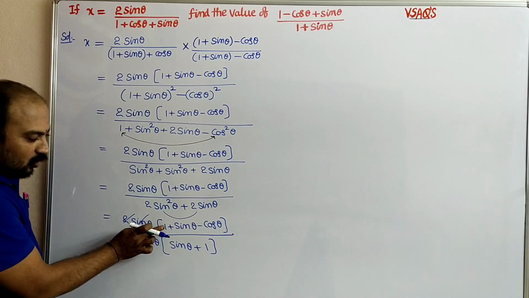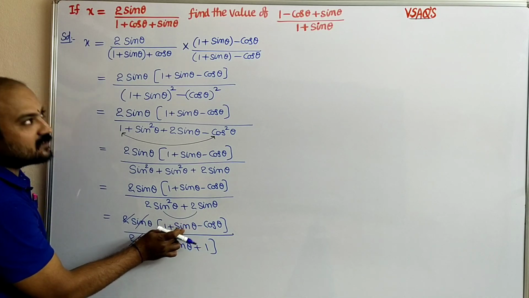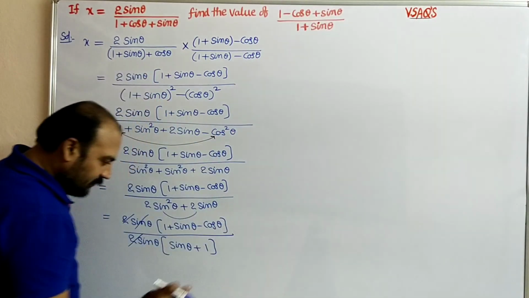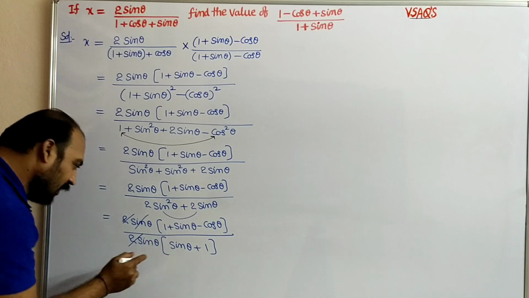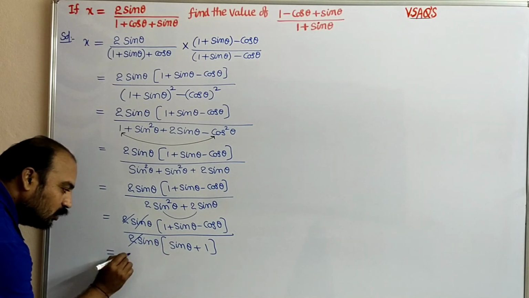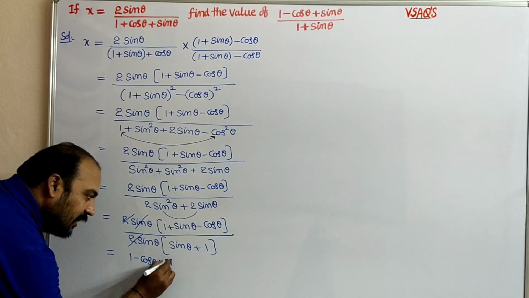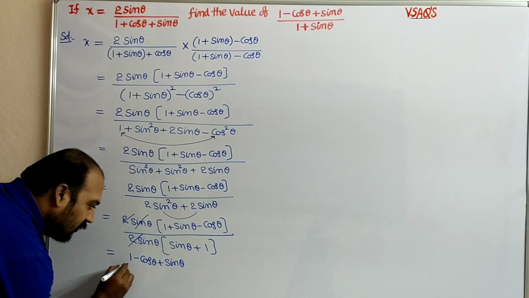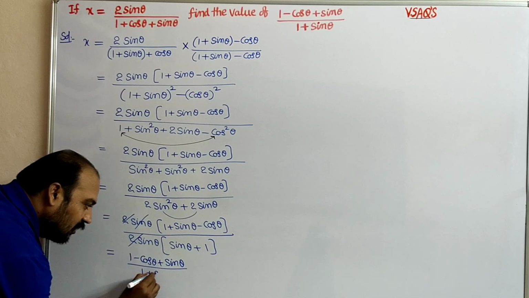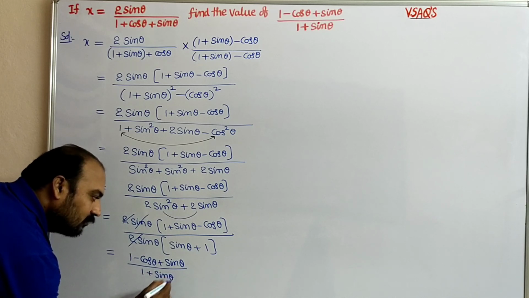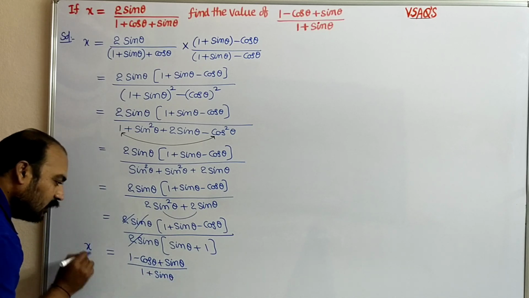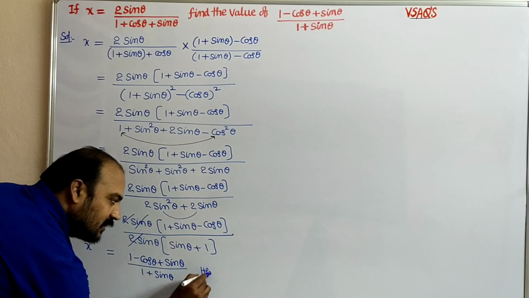So here 1 minus cos theta plus sin theta, which is there in the numerator, 1 plus sin theta. Therefore, which is equal to, we can write it as 1 minus cos theta plus sin theta divided by 1 plus sin theta, which is also equal to, hence the result.